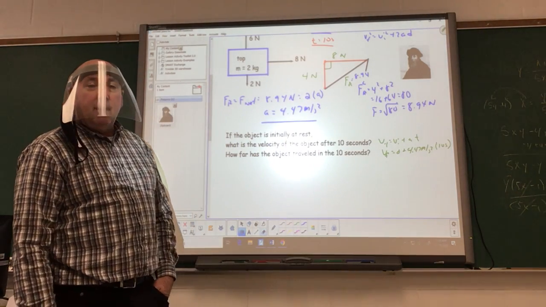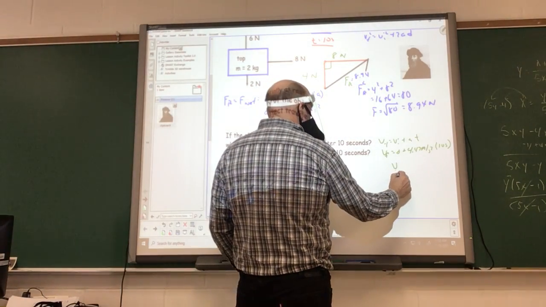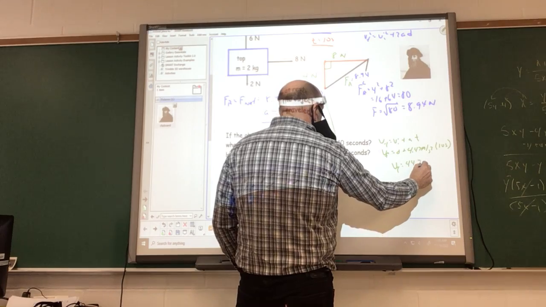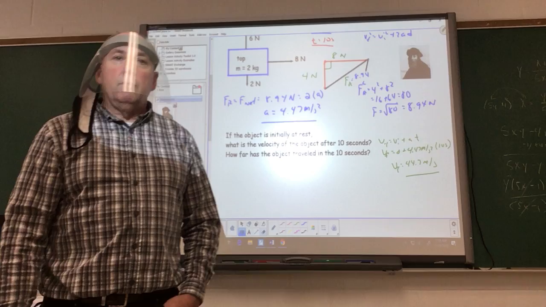So the velocity after pushing this for 10 seconds is 44.7 meters per second.